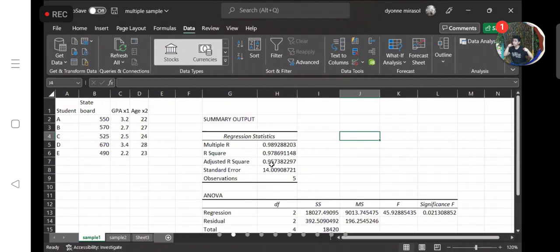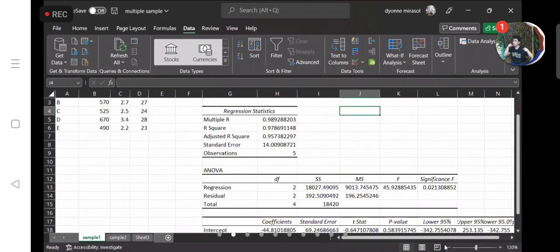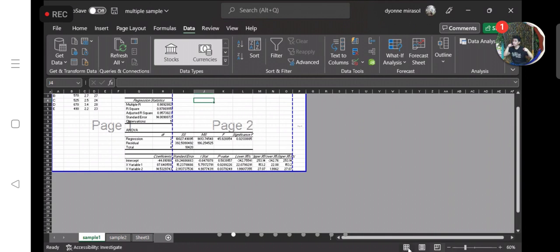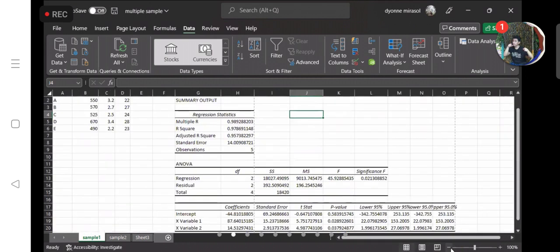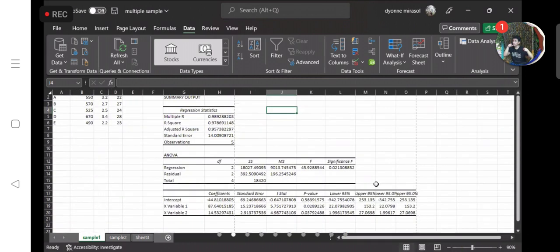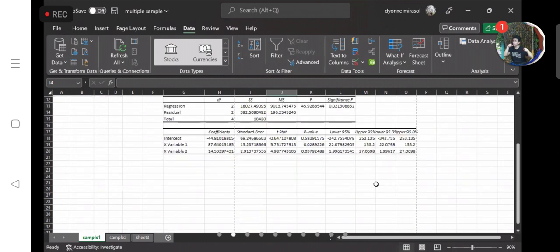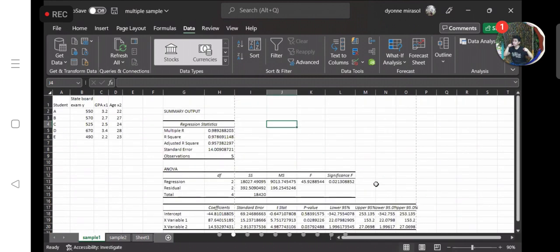Let me zoom out so you can see. For this data, we can see the multiple R. When we solved the multiple R before, we got 0.989.